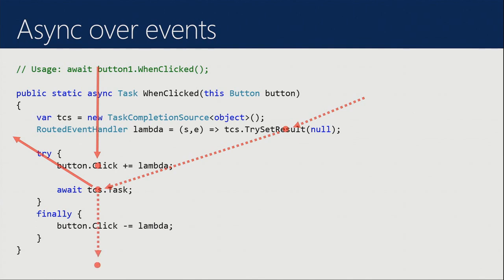Okay? Some people are taking photos. We should actually take a question from down here. I'll repeat your question for the recording. Await TCS.Task. So the task completion source generates a task, right? And this is how you get that task. You just ask it for it. It's in a property.